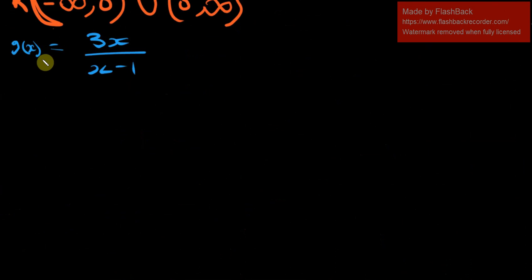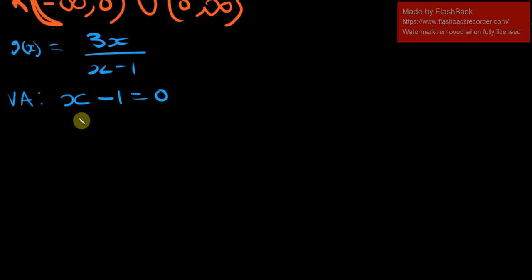Let's get the vertical asymptote. The vertical asymptote lies, or is located, at the zeros of the denominator. To get the zeros of the denominator, you equate the denominator to 0 and then you solve for x.